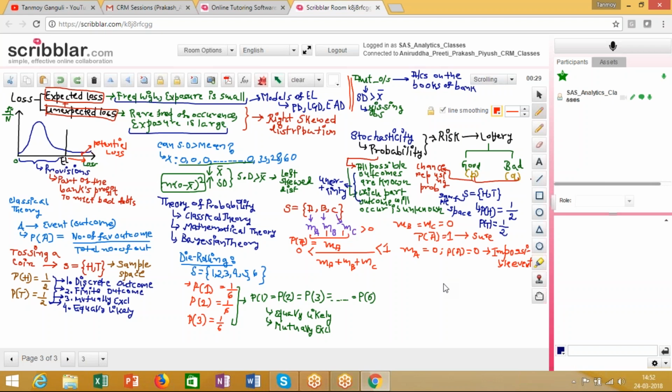However, if the probability is exactly equal to 1, then it's a sure event. If the probability of A is equal to 0, then it's an impossible event. Clear? So this is precisely the basic idea of probability.